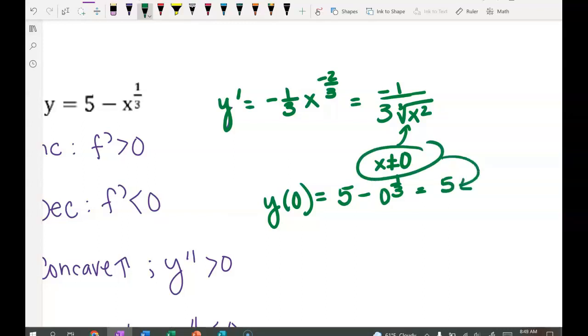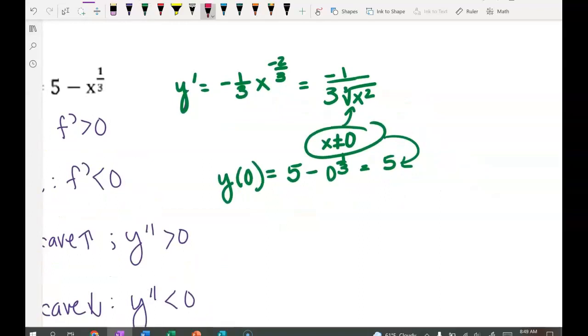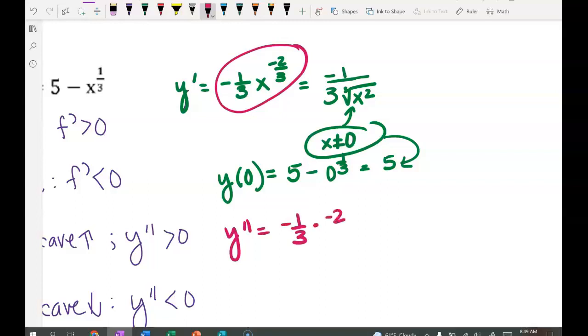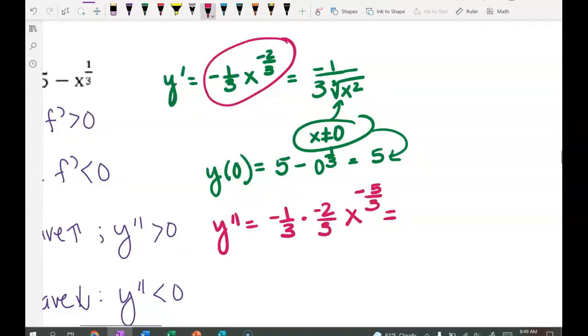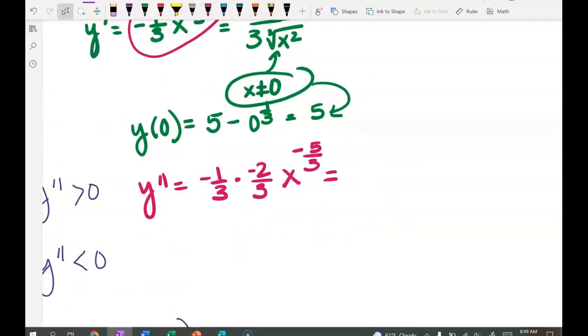Now let's go and do our second derivative as well. So second derivative, I'm using this right here. It's going to be negative 1/3 is a constant. Drop down your negative 2/3 as a power. Then we're going to subtract 1. So that's going to be negative 5/3. Very similar to what we just did with the first derivative.